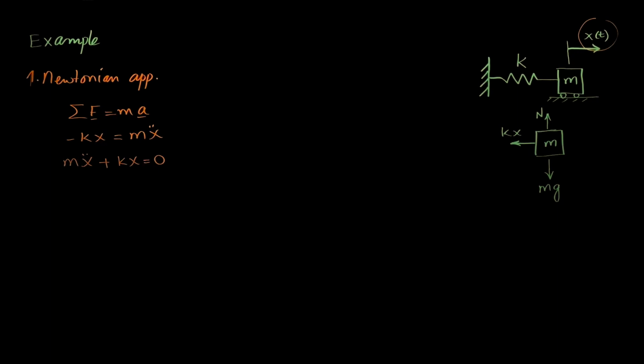We will call this the equation of motion, the equation that if we solve we will end up with the motion of the rigid body as a function of time. So this is called the equation of motion. And we notice that it's a simple ordinary differential equation.